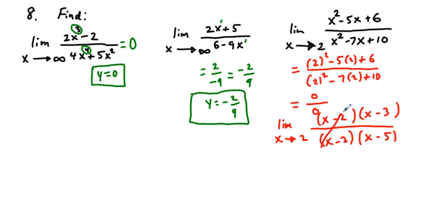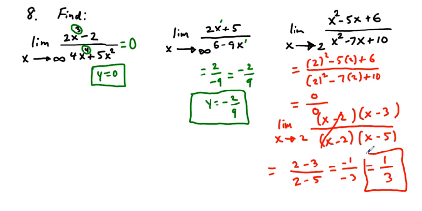And so these x minus 2 factors will cancel. So what we have to do is plug in 2. We get 2 minus 3 over 2 minus 5. Is that right? Yes, 2 minus 3 is negative 1, and 2 minus 5 is negative 3. So we're going to get 1/3. That is going to be our limit.